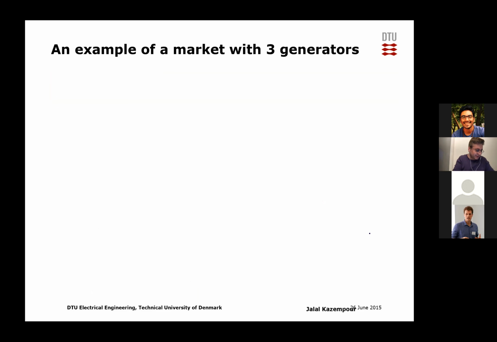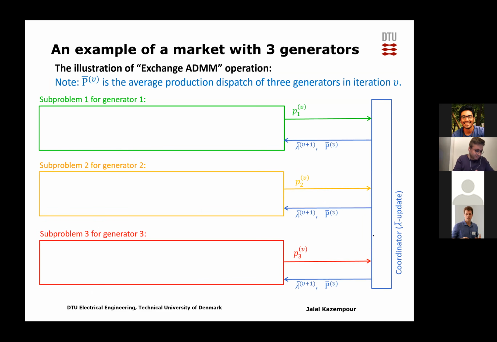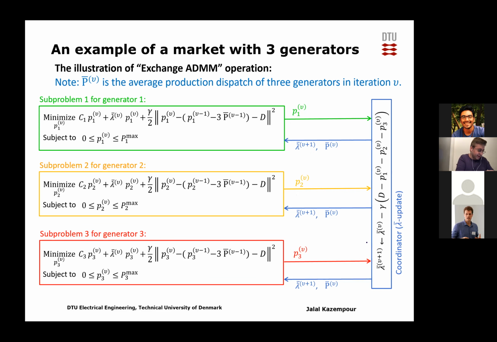So an example with 3 generators, right? Each generator submits their response, their quantity to be produced, and what they receive is the price, and let's say P bar, which is the average production of all generators. Here 3 is the number of generators.